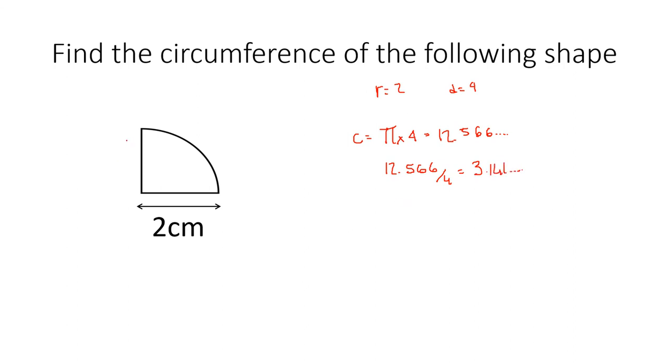Now we have to add on these two sections. So we have to do 3.141 and the rest plus 2 twice, which gives us an answer of 7.1415 and so on. Rounded to one decimal place is 7.1 centimeters.